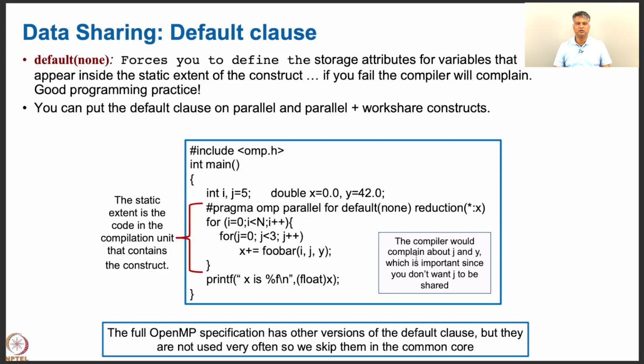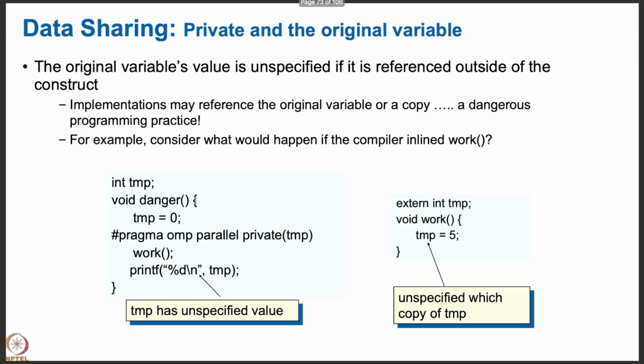So for example, I can say #pragma omp parallel for default none, reduction on the product operator on x. The compiler here would now complain about several variables like j and y because they are not being shared. So you need to understand how these default variables work.